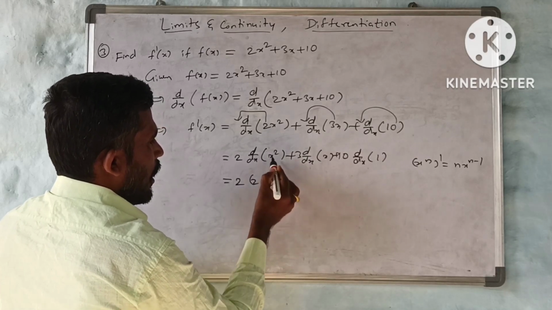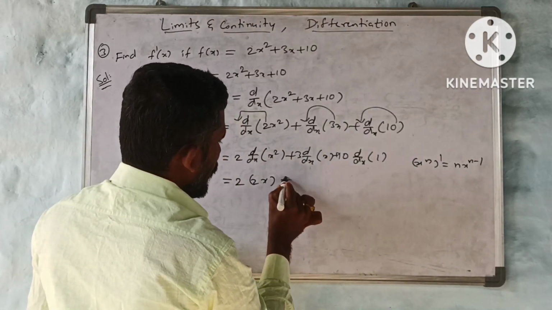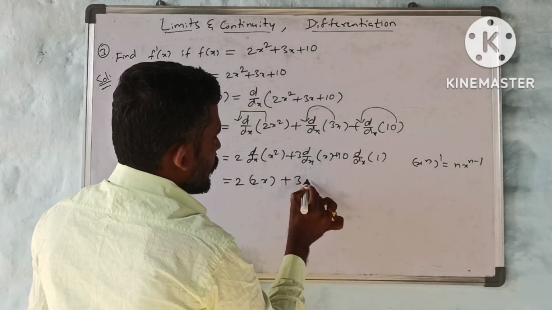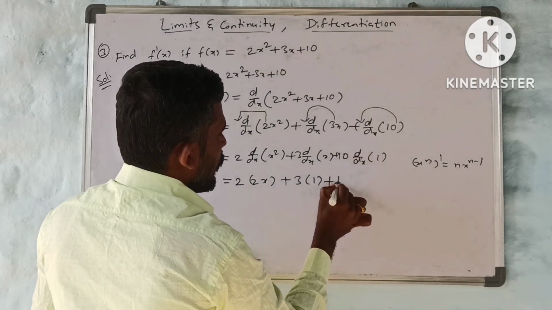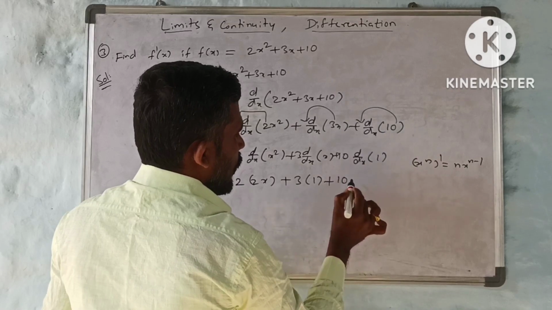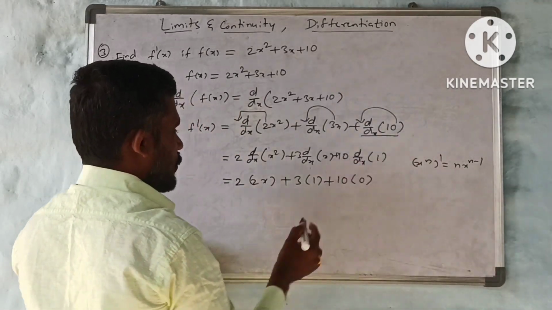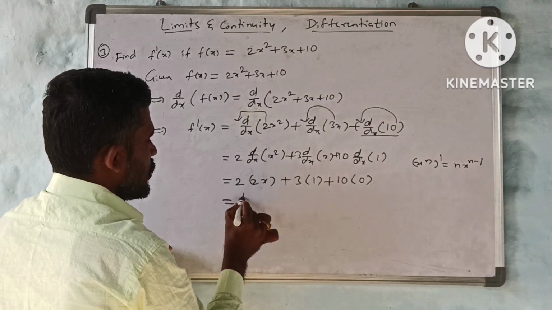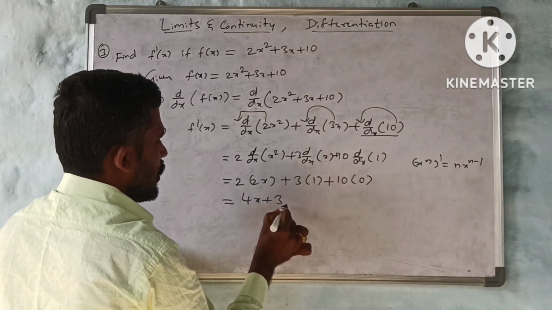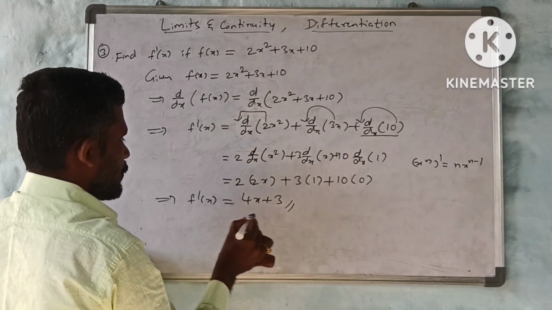So we get the derivative of x square as 2x by this formula. Plus 3 times the derivative of x is only 1, and the derivative of the constant 10, or the derivative of 1, both are 0 only. So directly also we can take 0. Next 2 twos are 4x plus 3 ones are 3. So this is the derivative of the given function.